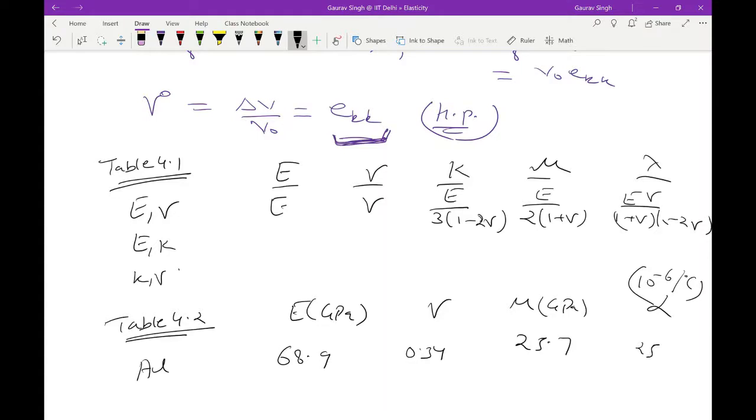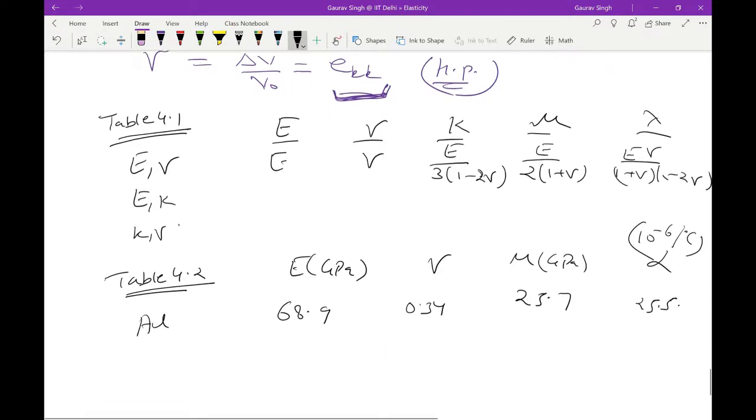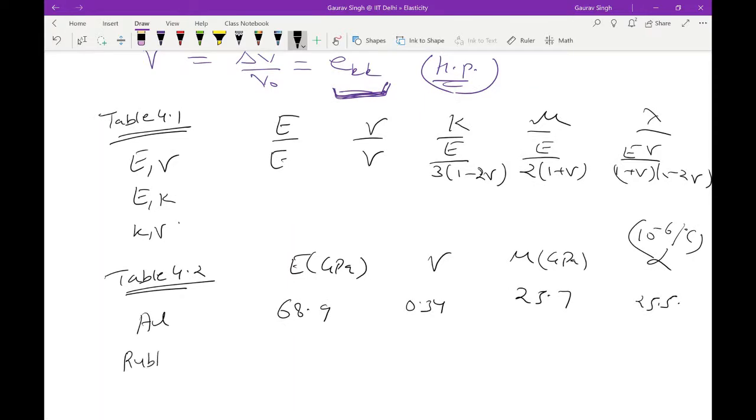For some other materials as well it is given. You also have it for rubber. Young's modulus is 0.0019. The Poisson's ratio is 0.499.